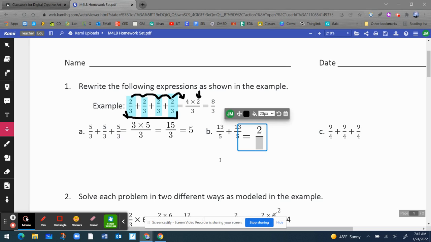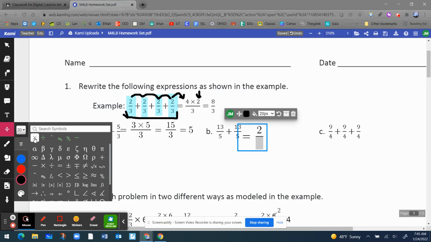13 fifths plus 13 fifths, which means we can demonstrate that one in a multiplication as two groups of 13 divided by the same denominator, okay?